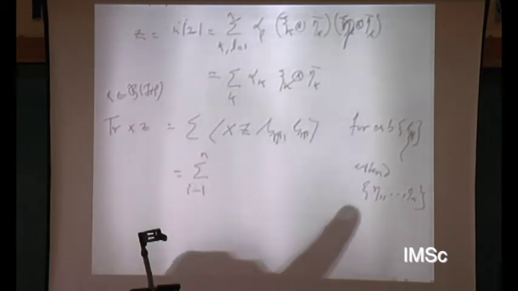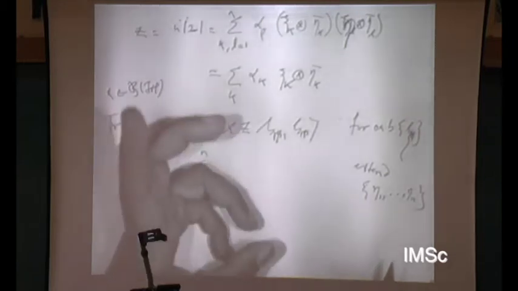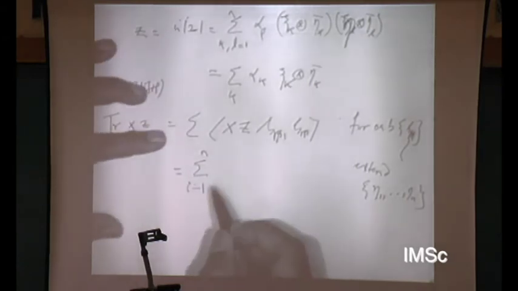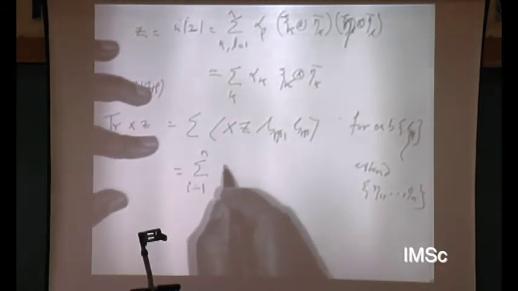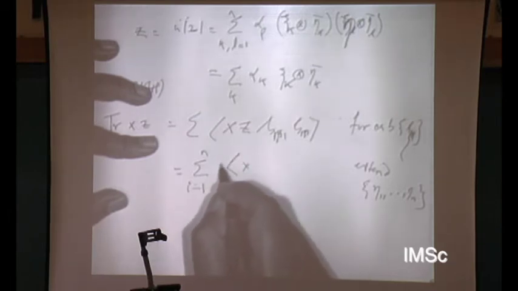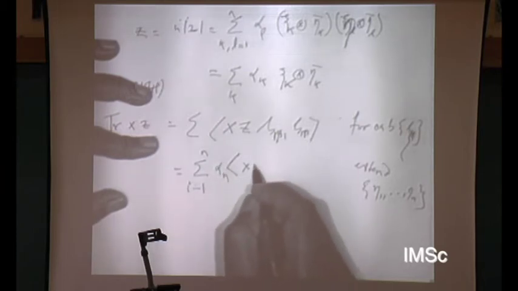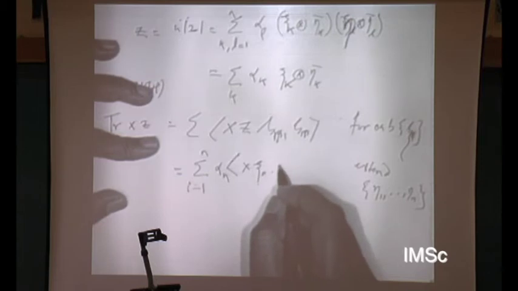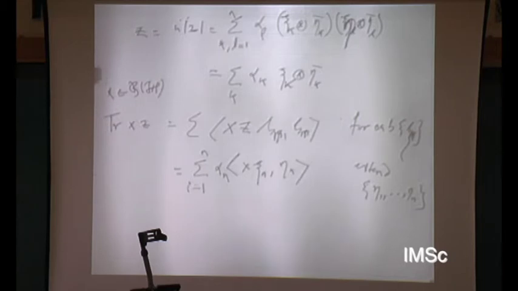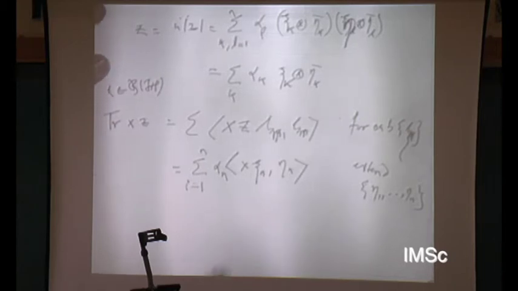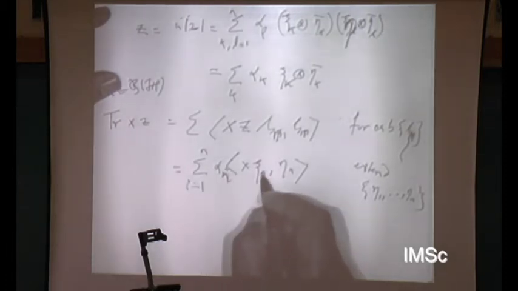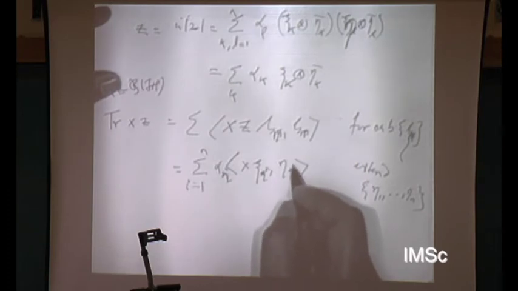And the z of an eta is alpha times that psi. Right? So this will be x times, alpha is a scalar, so you can take it out, psi i, eta i. Sorry, alpha i, eta i.